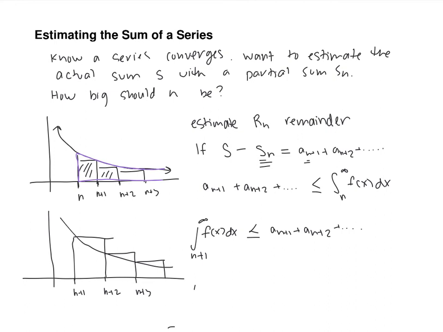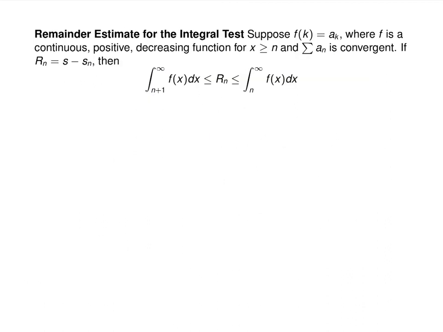And just note that n is the number that you sum to. So here's that in summary. If you have a continuous positive and decreasing function and you apply the integral test, you know that your series is convergent. The remainder, or how much you are off from your actual sum by, is in between the integral from n plus 1 to infinity of f of x dx and the integral from n to infinity of f of x dx.